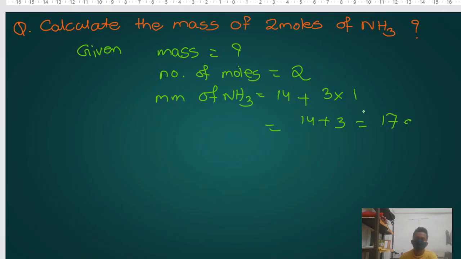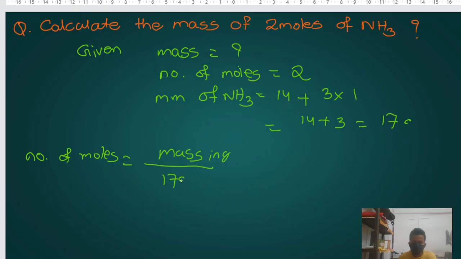Okay, 17. So now for calculating, just write the formula for number of moles. Number of moles is equal to mass of that element in gram divided by the molecular mass of that molecule, that is 17 gram, and number of moles given is 2. 2 is equal to mass of that molecule upon 17 grams.